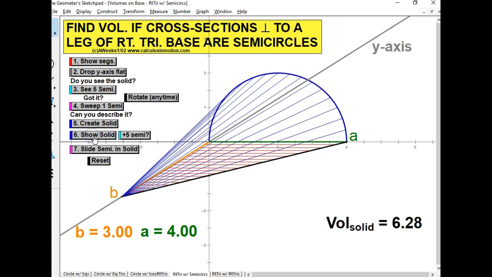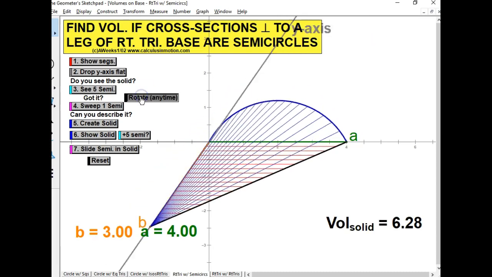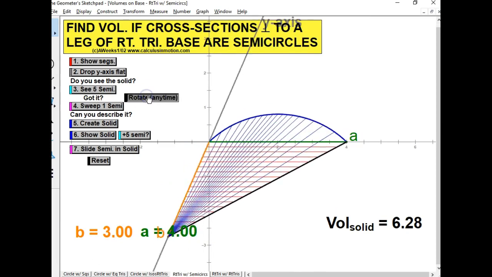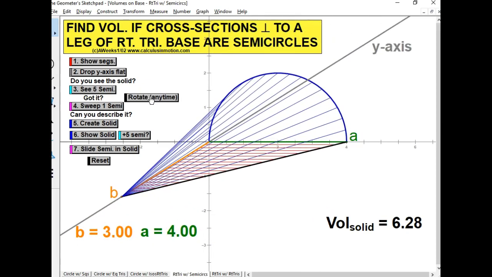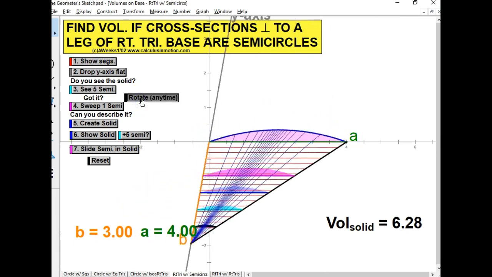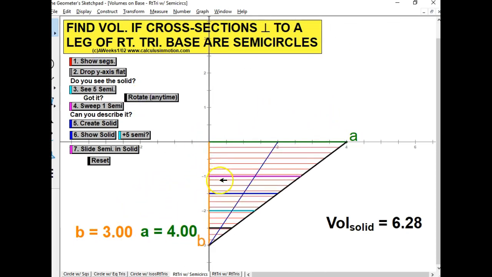So if we wanted to see what that solid looked like, which is really a cool little weird wall mount thing, you can see that each one of those semicircles, that distance across, let me rotate that back, is going to be the diameter.